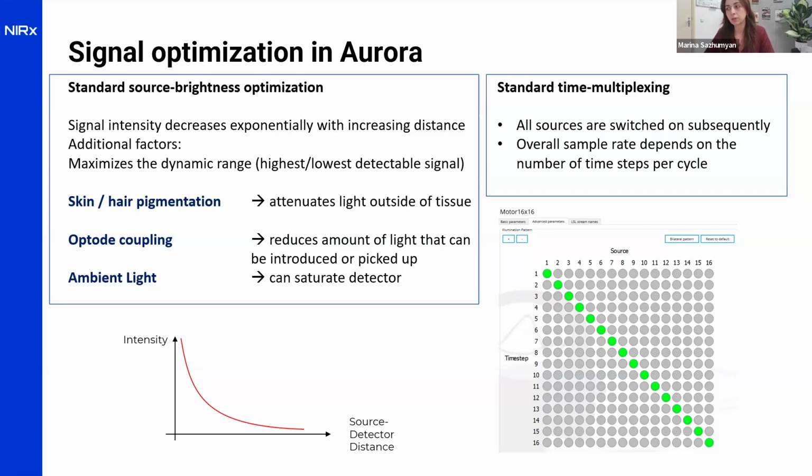This means that the number of channels equals the number of timestamps, and this means that it's also going to affect the sampling rate. So the more channels we have, the lower the sampling rate using the standard time multiplexing.